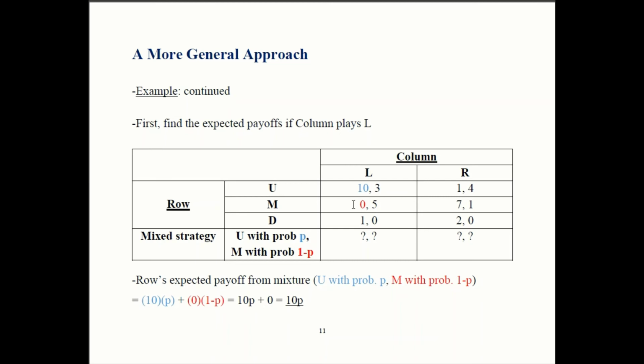To get the expected value, you multiply 0 by 1 minus P, and 0 times 1 minus P is just 0. So to finish off the calculation, you get 10P plus 0, which is 10P. So 10P is our expected payoff if we're playing this mixture and column replies with left. That goes right over here.